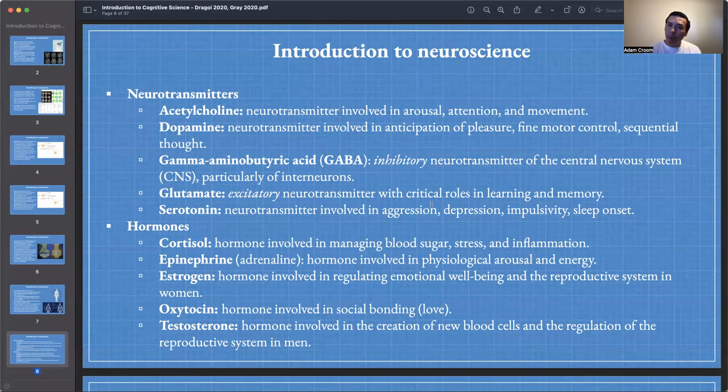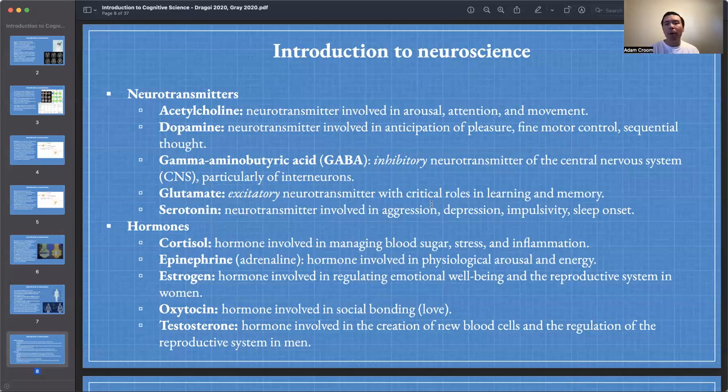Some examples of hormones include the following. Cortisol. This is a hormone that's involved in managing blood sugar, stress, and inflammation. Having a lot of cortisol can be bad for you. Epinephrine or adrenaline is a hormone involved in physiological arousal and energy. You might have heard stories where people had a lot of adrenaline or a shot of epinephrine and they were able to lift the front end of a car to save a baby or some other amazing physical feats.